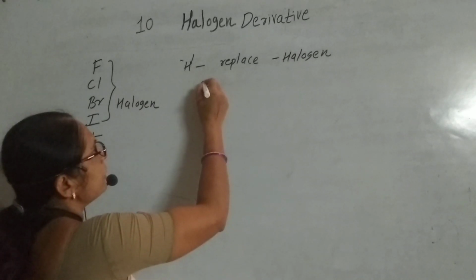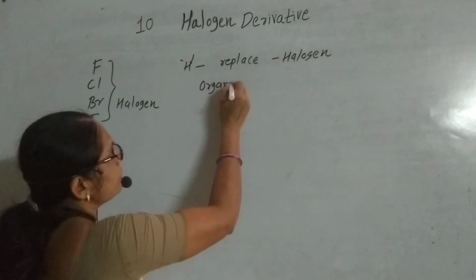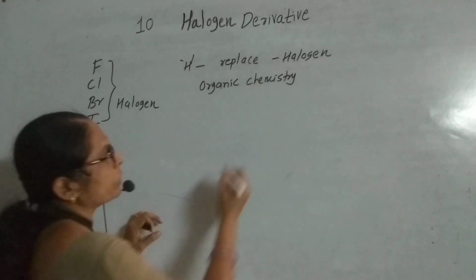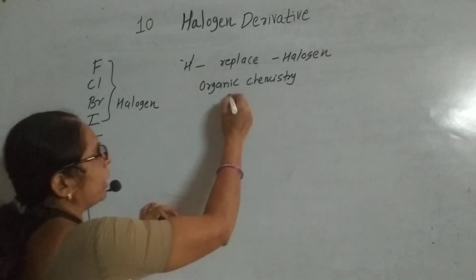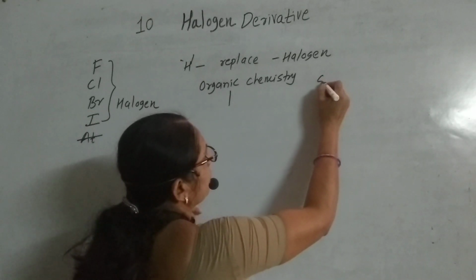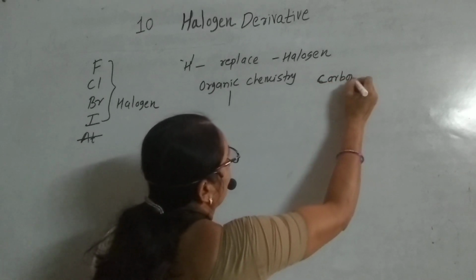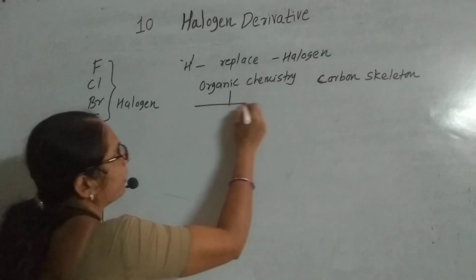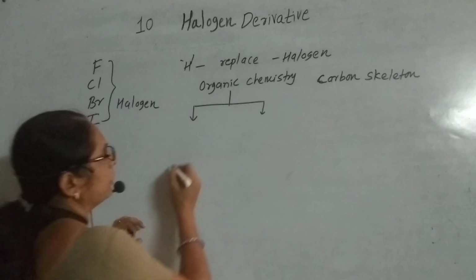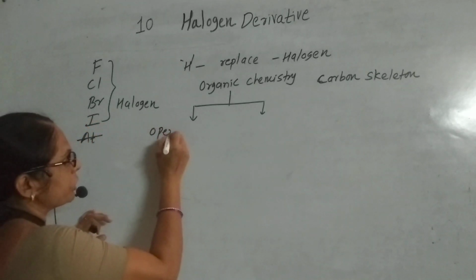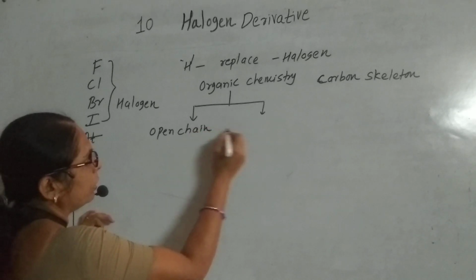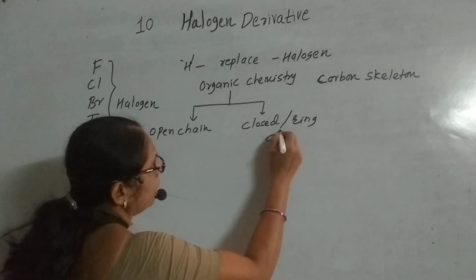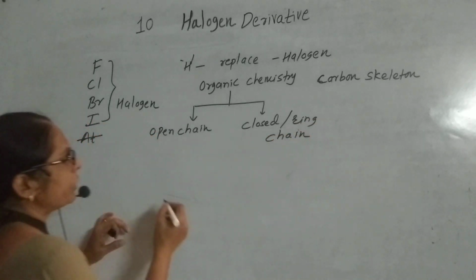So we know that when you consider organic chemistry, on the basis of the carbon skeleton, organic compounds can be classified as open chain or closed or ring chain compounds.